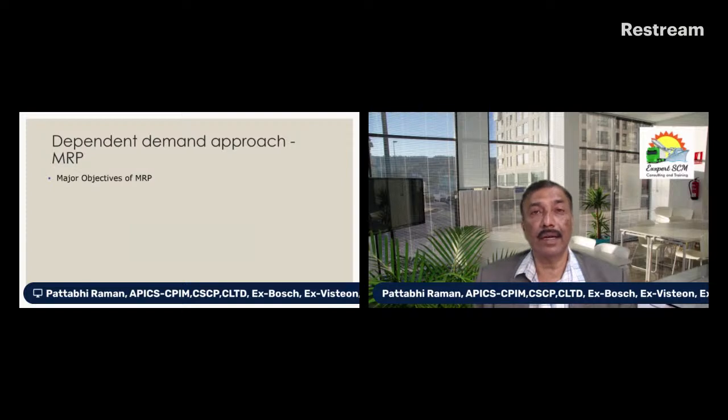These are derived. So let us understand the major objectives of MRP: determine the requirements, calculated to meet the product requirement defined in the master production schedule. Finally, the output will be in the form of what to order, how much to order, and when to schedule delivery.